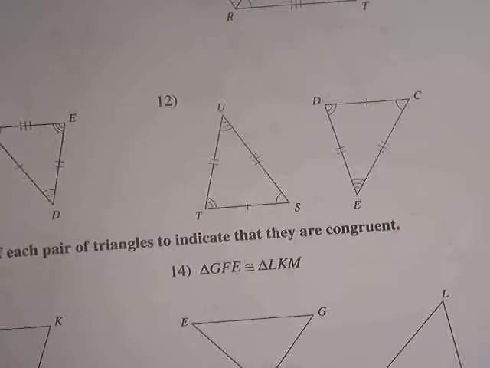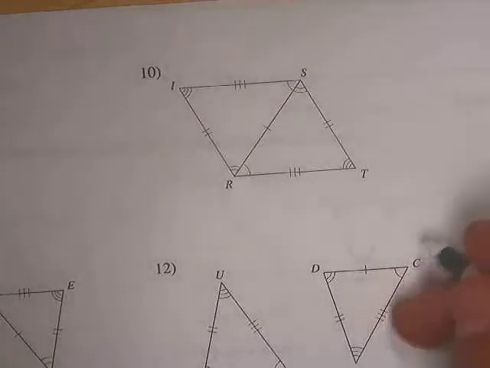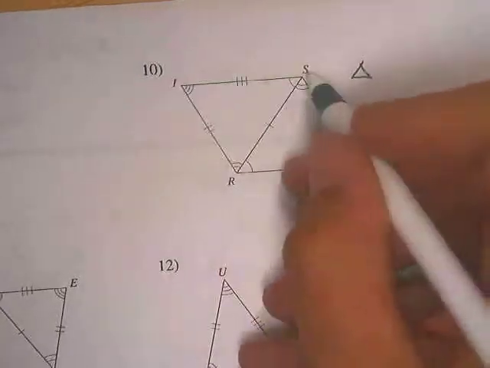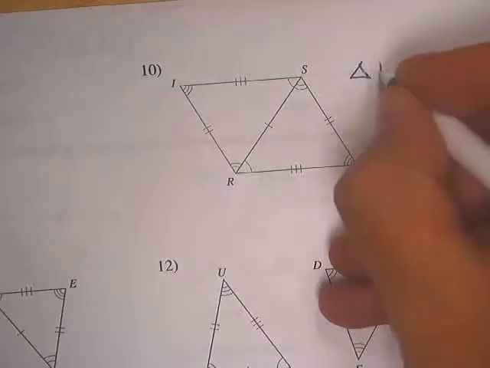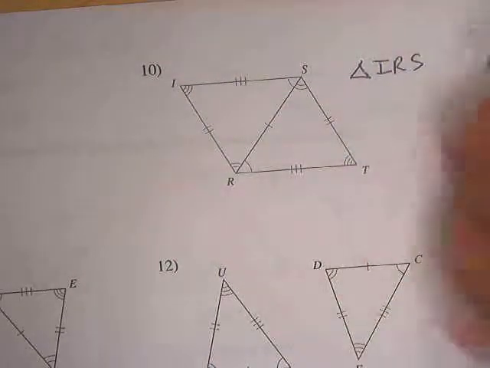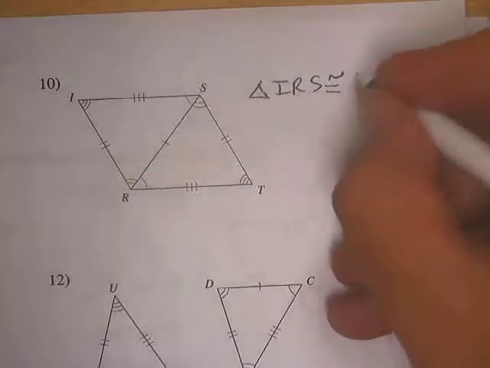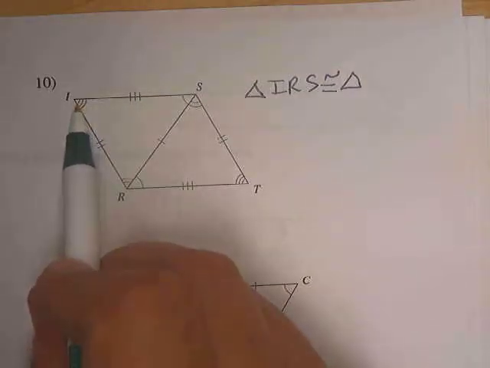Okay, flip your paper over, please. On mine, I have a different sheet. Let's try one more of those. Let's look at number 10. We want to write a congruency statement. So I'm going to start with this triangle on the left, we'll go IRS. It's like you're getting taxed or something.